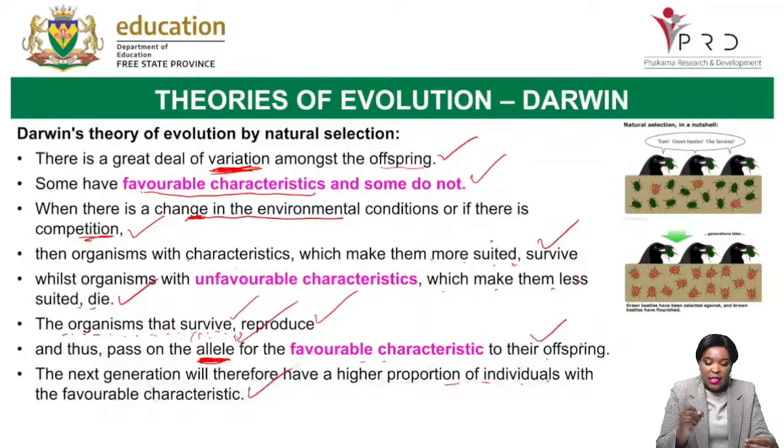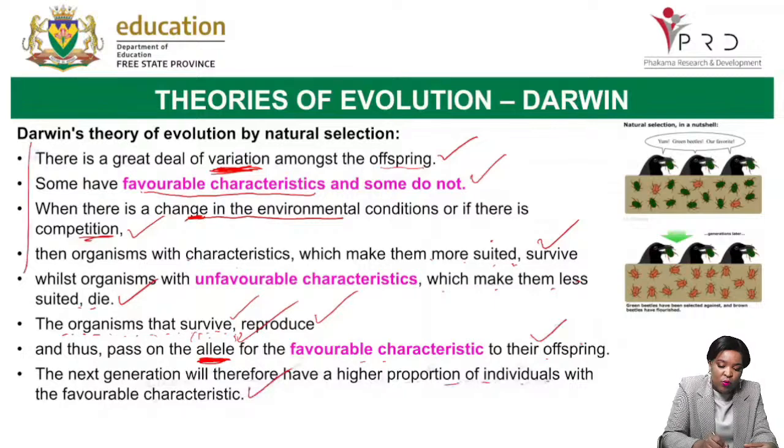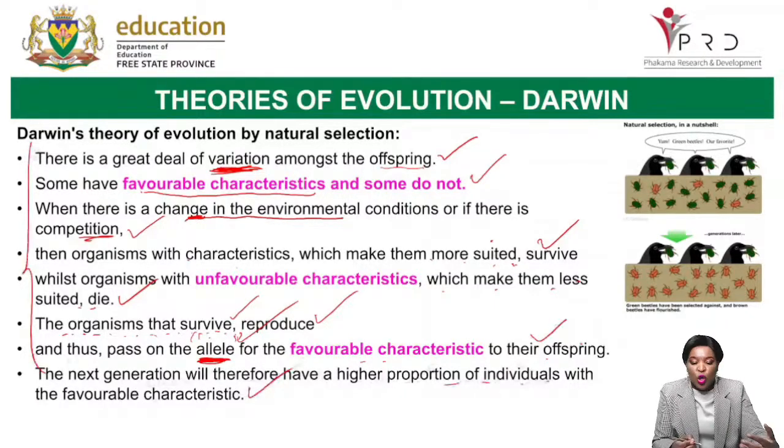Your question 3 has evolution questions, so there is no way that you are going to miss this. They can either ask you to explain it as raw as it is from the exam guideline like we just did, or they can ask you to apply it with an example. They can give you a scenario and ask you, how would Charles Darwin explain the evolution of the particular species in that example?